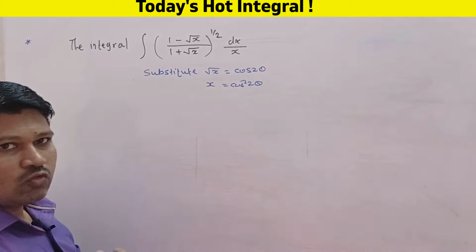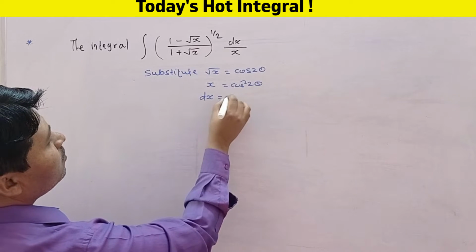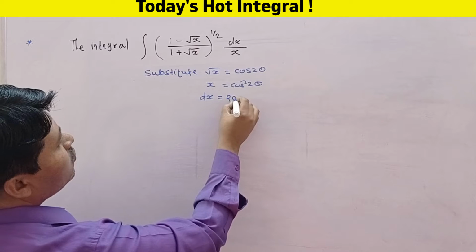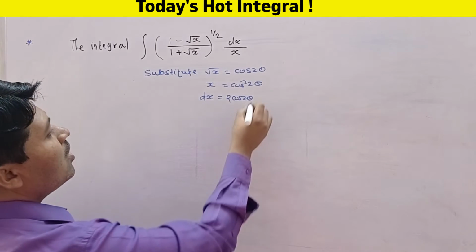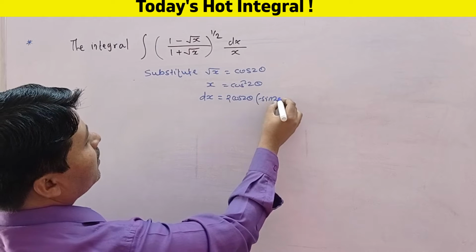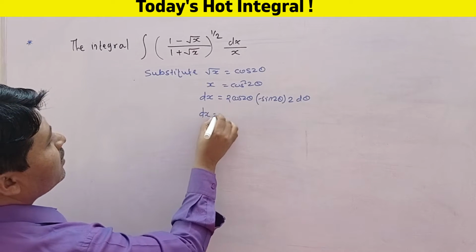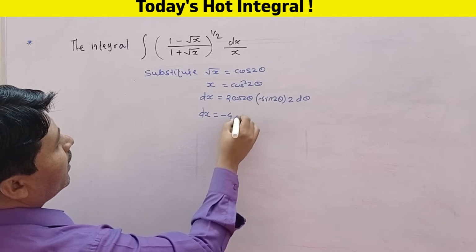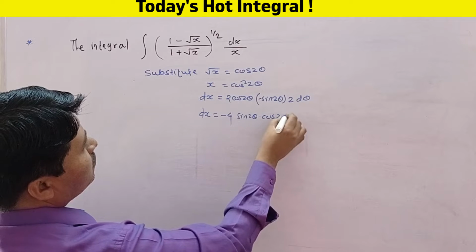Differentiating with respect to theta, we get dx is equal to 2 times cos 2 theta, again the derivative of cos 2 theta is minus sine 2 theta into 2 d theta. Therefore we can simplify this term as minus 4 sine 2 theta into cos 2 theta.